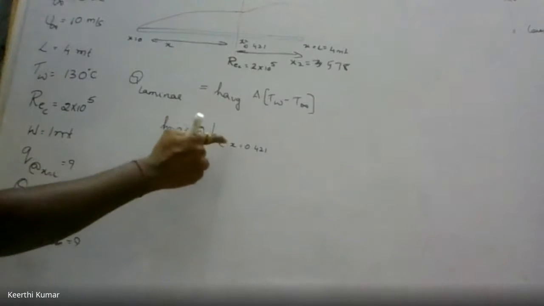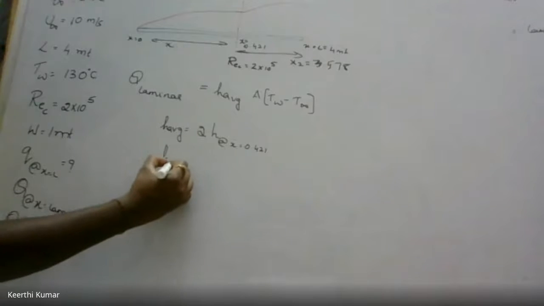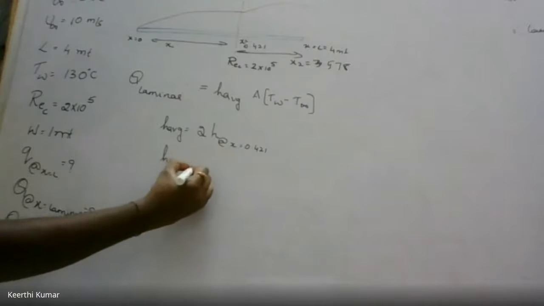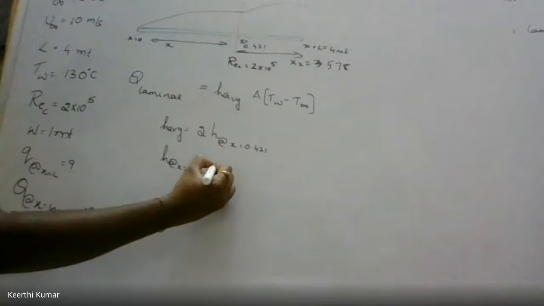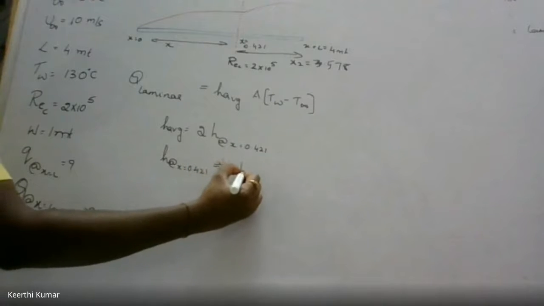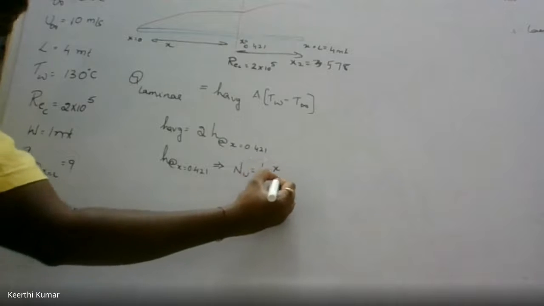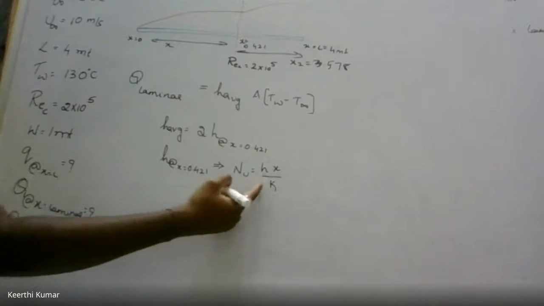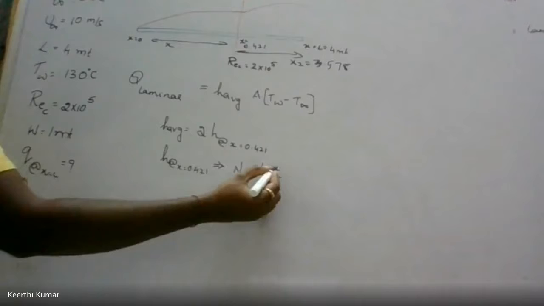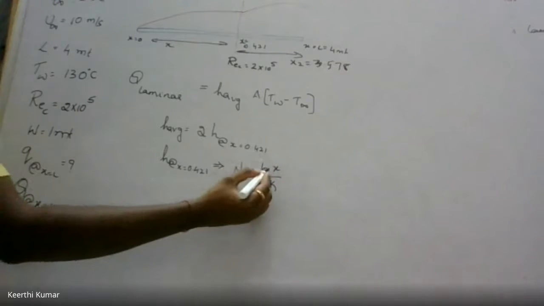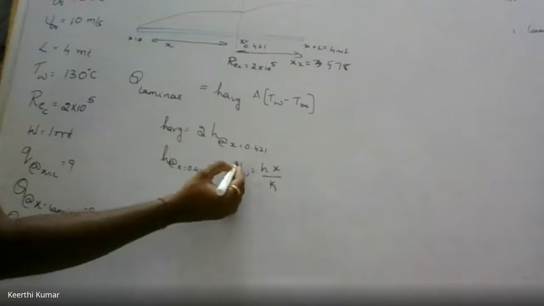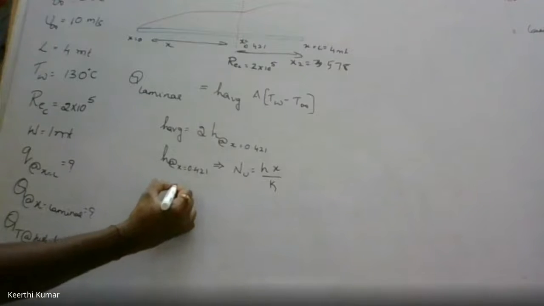Again, h at x is unknown. Let us find h at x. h at x, at 0.421, can be found out with the help of Nusselt number. Nusselt number is equal to h x by k. We know the x value, we have to find out h here. k is the property of the fluid. Again, Nu is unknown.